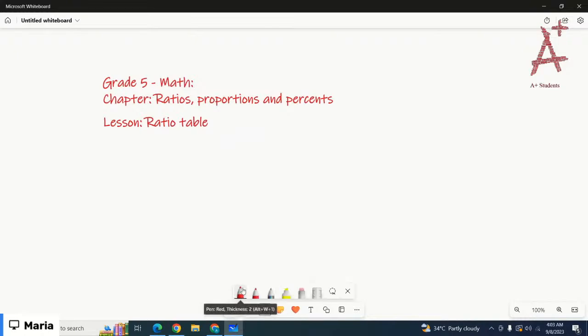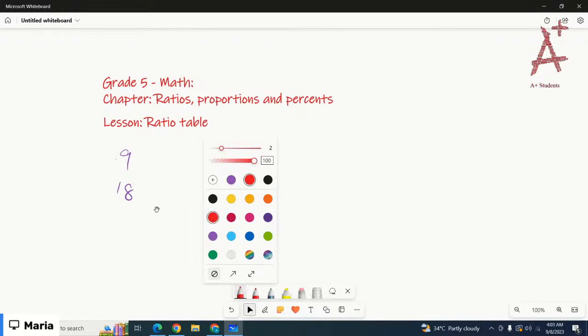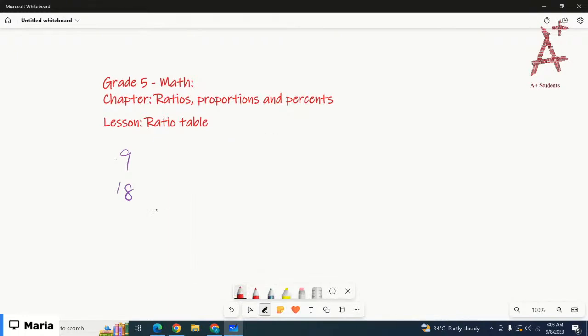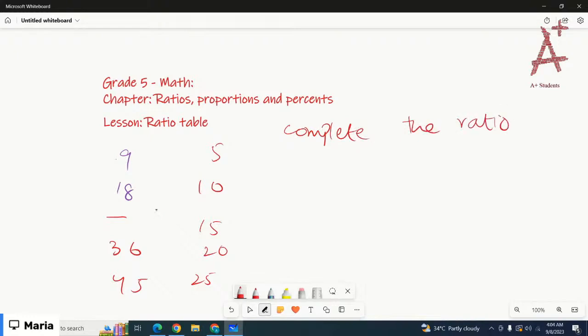The table is 9, 18, the missing number, 36, 45, and the values are 5, 10, 15, 20 and 25. That is a ratio table. The question is: complete the ratio table. So how do you complete the table?